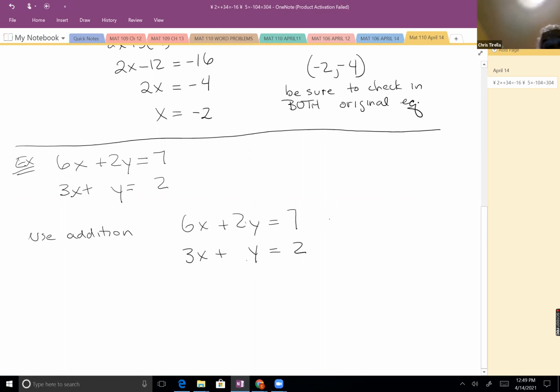The first equation, multiplying by 1, would leave it alone. The second equation, I might multiply both sides by -2, which here distributing would give me -6x minus 2y equals -4.